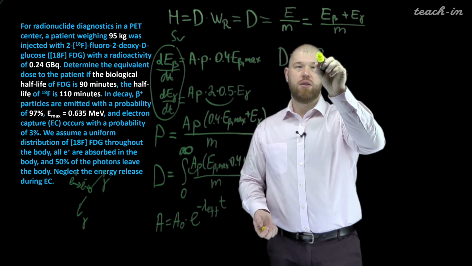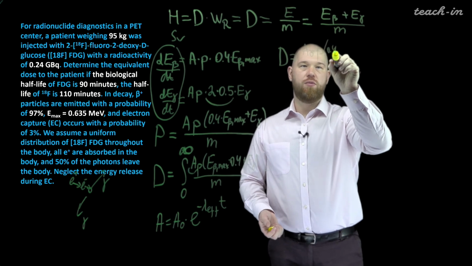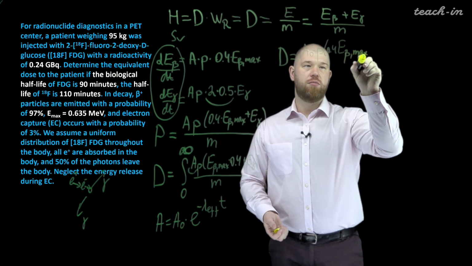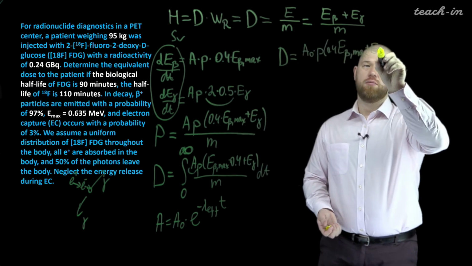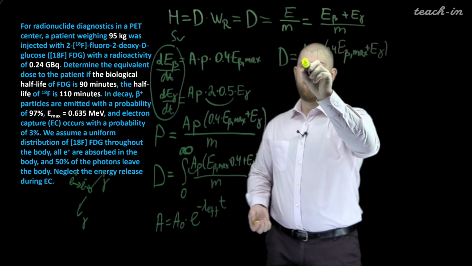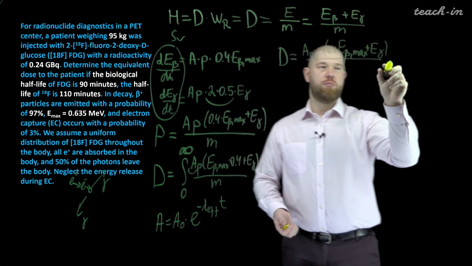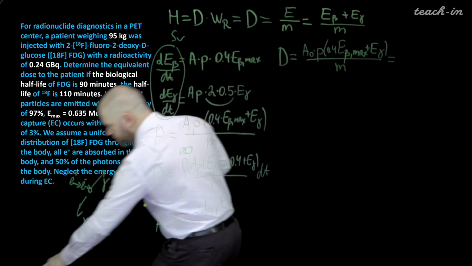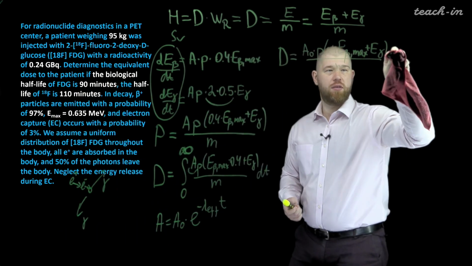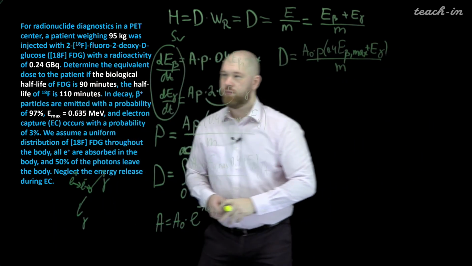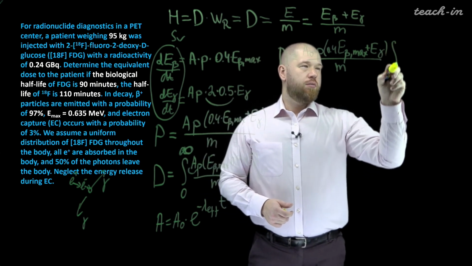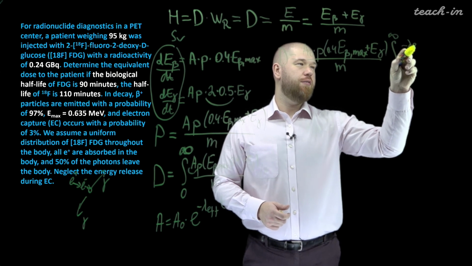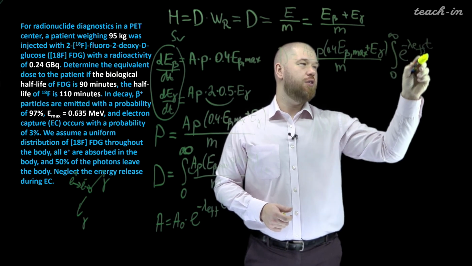So it is A0 P, 0.4 E beta maximum plus E gamma, divided by the mass of our patient, and here the integral from 0 to infinity of exponent minus lambda effective t dt.